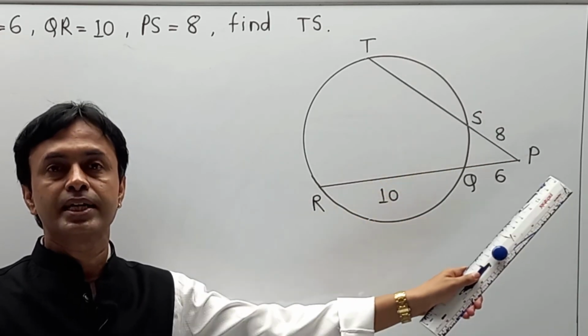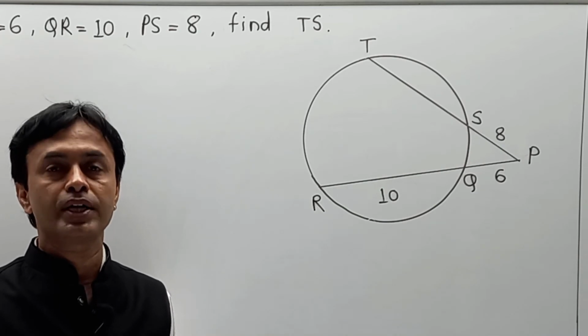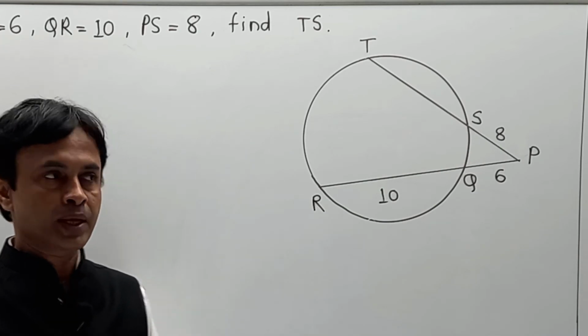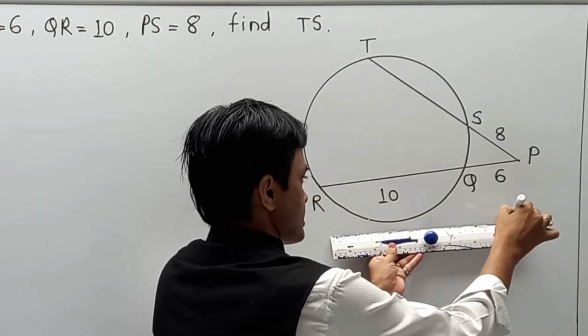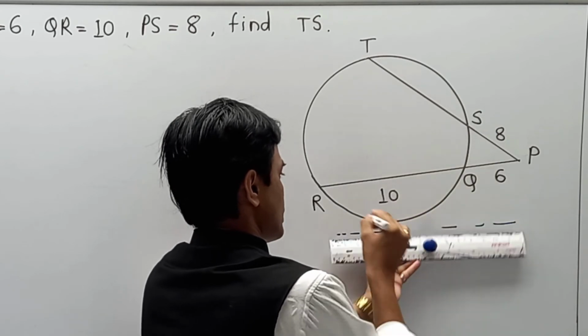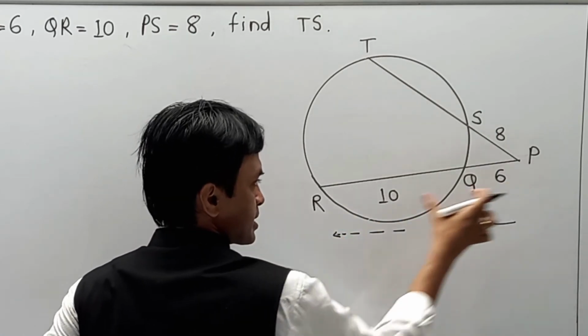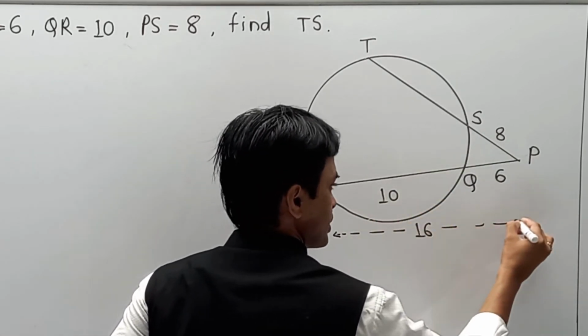Both get extended and intersect outside the circle, so it is the theorem of chords intersecting outside the circle. P to R, this distance, is 6 plus 10, which is 16.